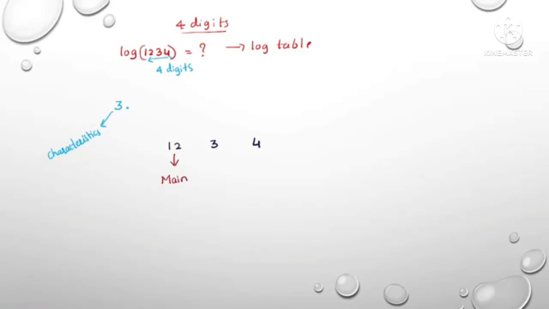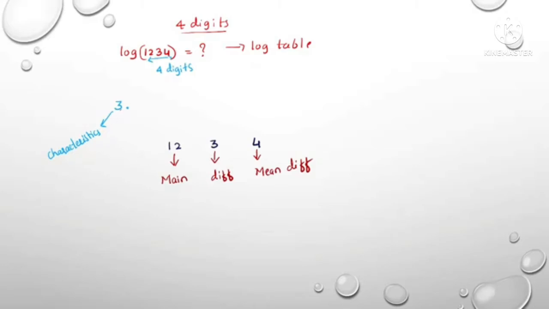The number 12 we have to observe in the main column. The third digit is 3; we have to observe this number 3 in the difference column. And the fourth digit we have to observe in the mean difference column. See here, there are totally 4 digits, 4 minus 1 is 3.